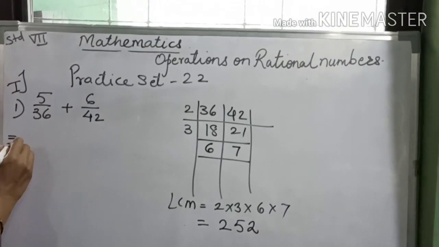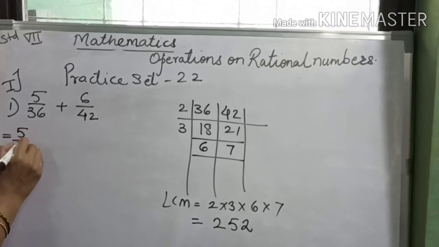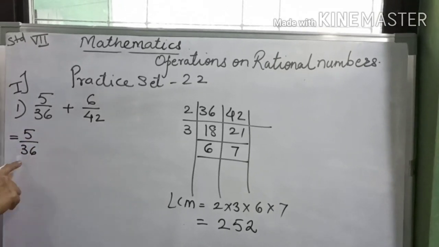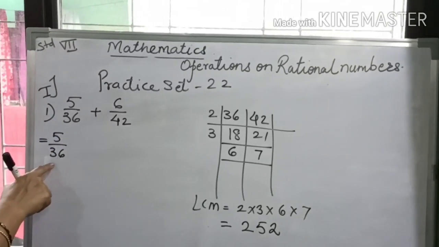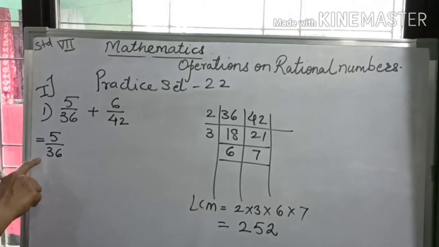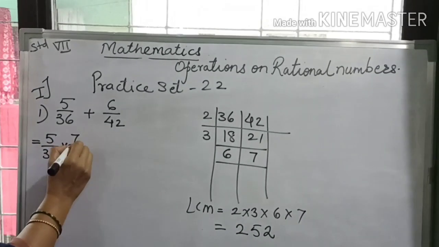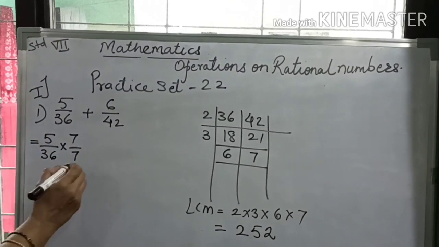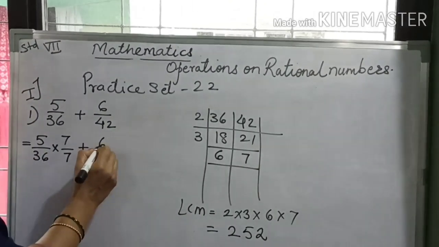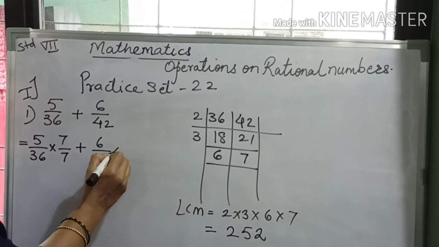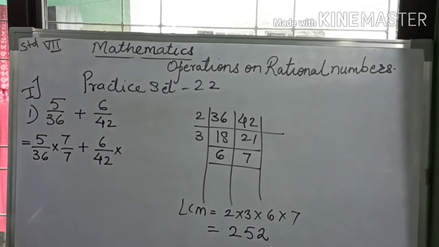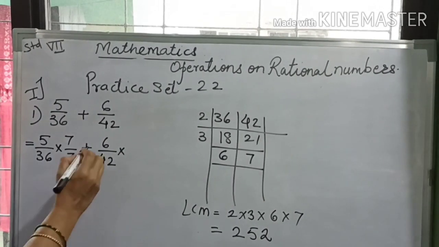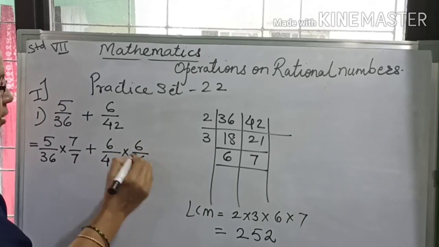So let us solve this sum. So 5 upon 36. So 36 multiplied by which number? You will get 252. So 36 multiplied by 7. So both numerator and denominator you will multiply by 7. Plus 6 upon 42. 42 multiplied by which number gives you 252. So you have to multiply by 6.